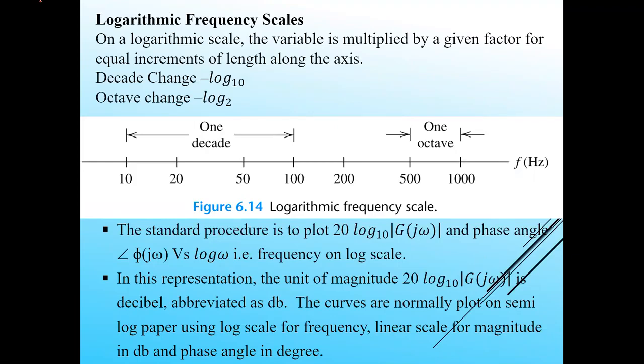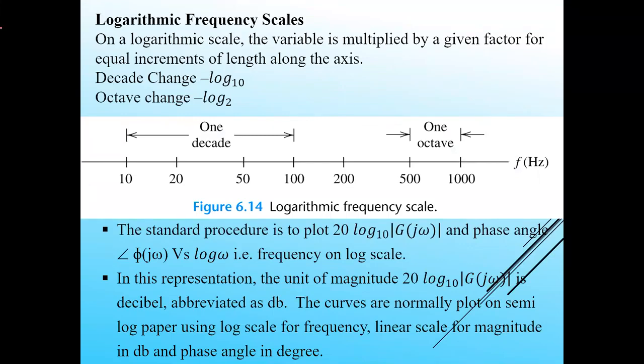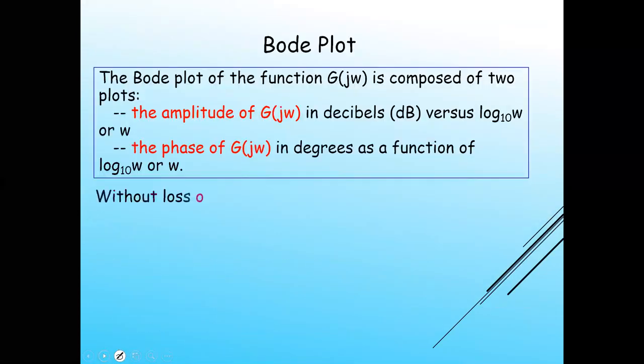One scale is known as a decade scale and another is known as a logarithmic octave scale. Octave म्हणजे 8. आता बघा, on logarithmic scale the variable is multiplied by a given factor for equal increment of length along the axis. म्हणजेच आता तुम्हाला एक लॉगॅरिथमिक स्केल दाखवते इथं.